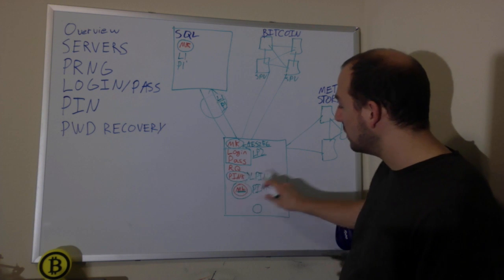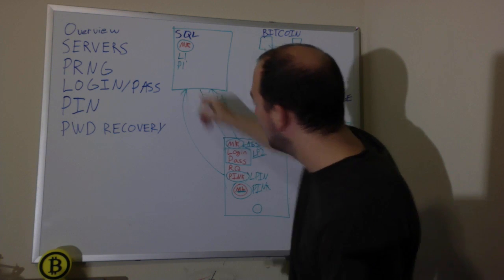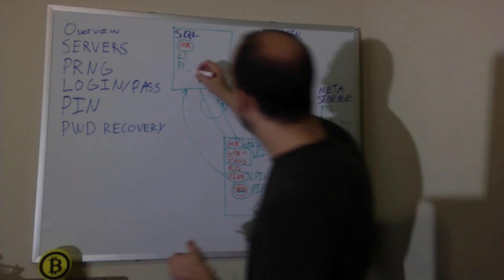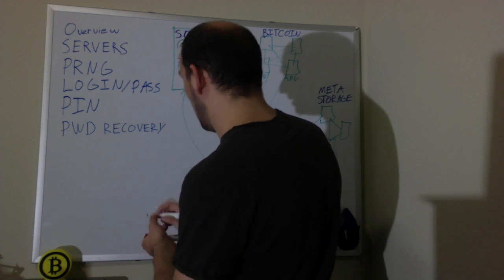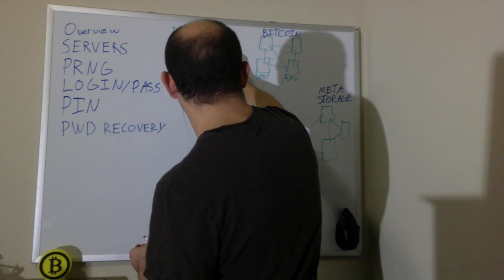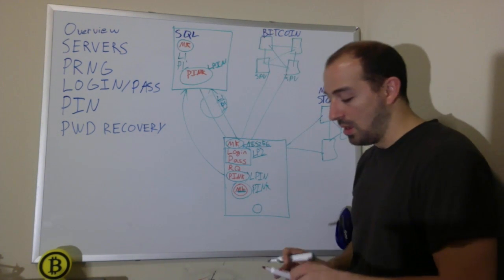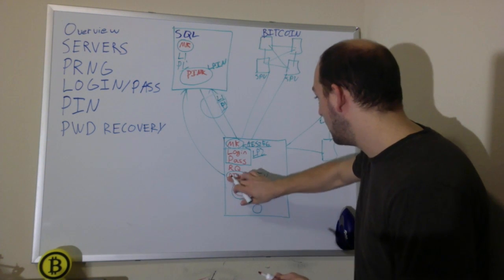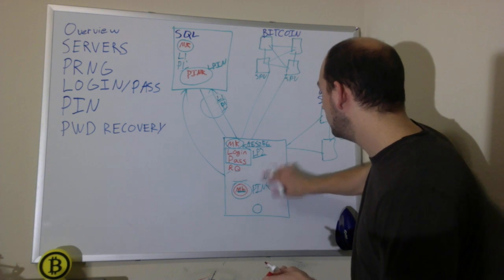This whole encrypted package gets moved up to the server. So you have your sensitive pink that's wrapped in the crypto of your login plus your PIN. And then this stuff is deleted, or overwritten and deleted, off your device.